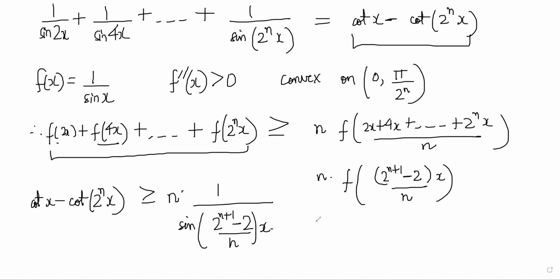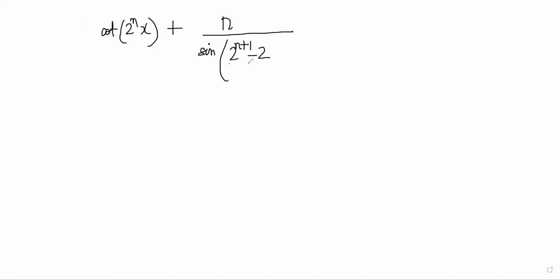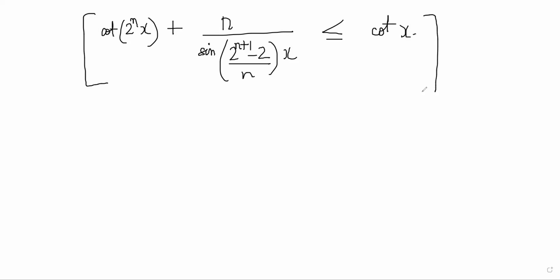So what we have now is, if you bring this term on this side and leave the cot x on one side and bring the cot 2 power nx on the other side, we will be able to show easily that cot of 2 power nx plus n by sine of 2 power n plus 1 minus 2 by n x is less than or equal to cot x. This is what we wanted to prove.